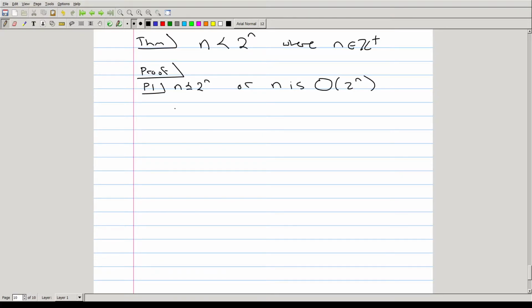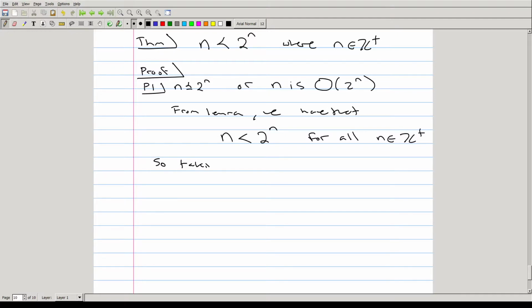And from the previous lemma, we have that n is strictly less than 2 to the n for all n in Z plus.